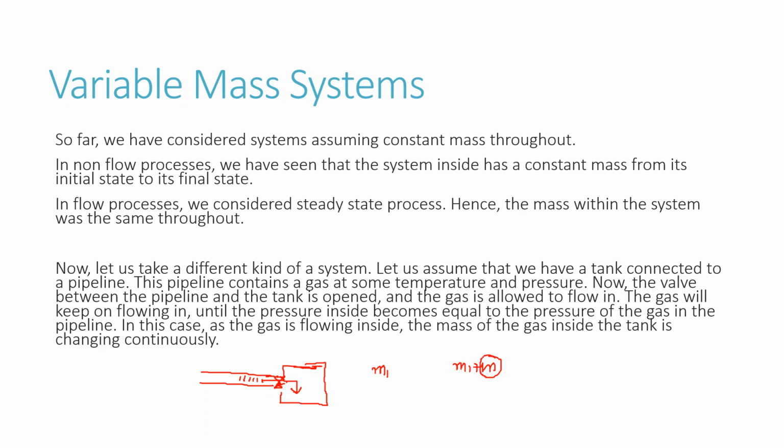So now the mass is varying. Now it is a variable mass system. This kind of system is generally a variable mass system, where something is entering but not leaving, or something is only leaving and nothing is entering. In that case, the mass of the system would change.